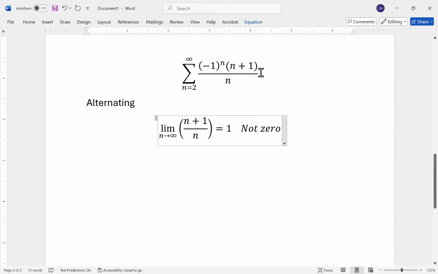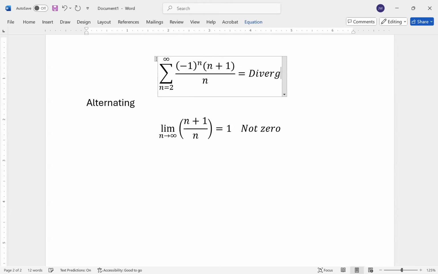So that means this series diverges. Now, I don't need to check the absolute value thing because we know this diverges. If I did the absolute value of the terms in the series and summed those up, that would also diverge.